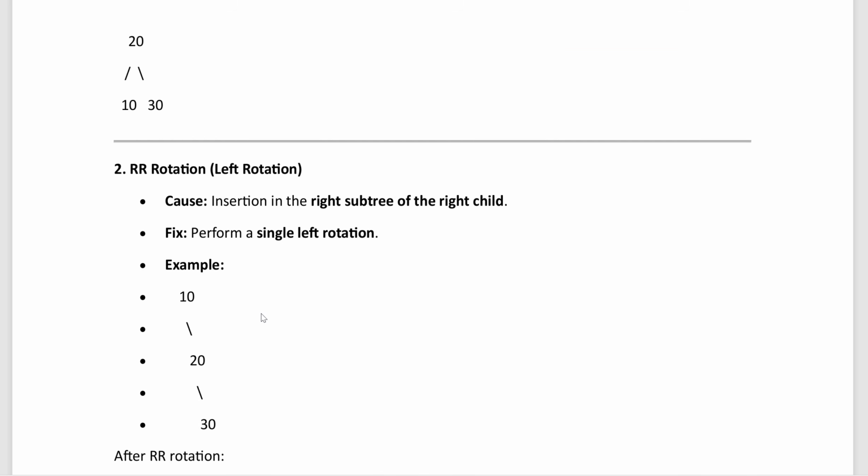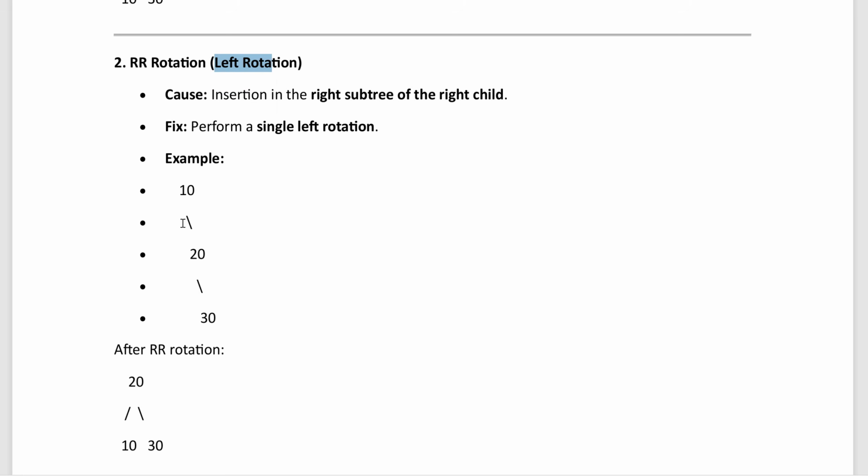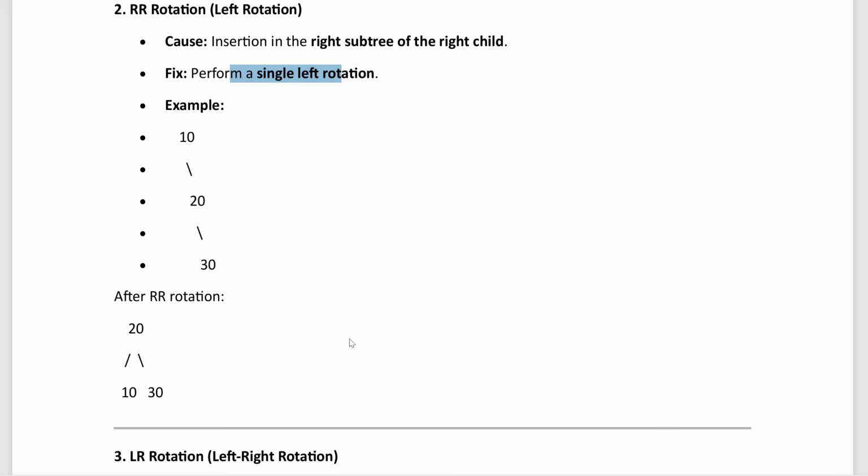That's why we have to fix this by performing a left rotation. We rotate this root node 10 to the left such that 20 will become the root and 10 will become the left child of 20, and 30 will remain the right child of 20. In this case, we have performed one single left rotation and it is also known as RR rotation. Clear?